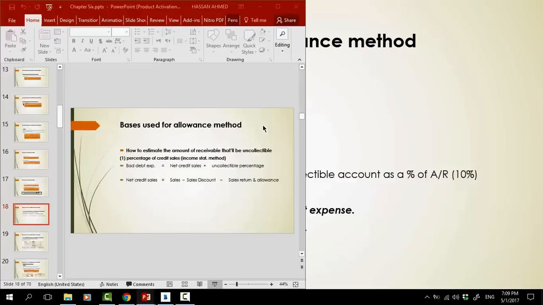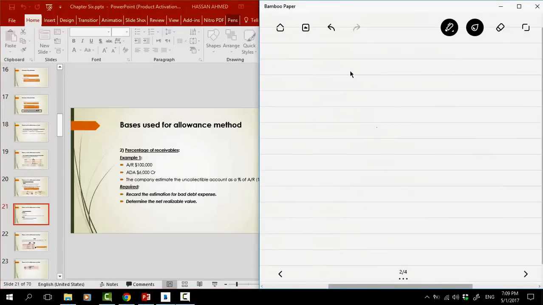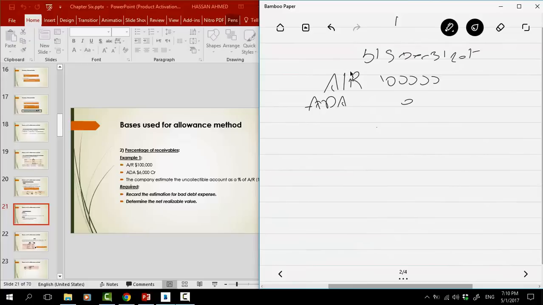Okay. If the company at the year end, given the balance sheet, accounts receivable was 100,000, ADA 0 at December 31st, 2017.